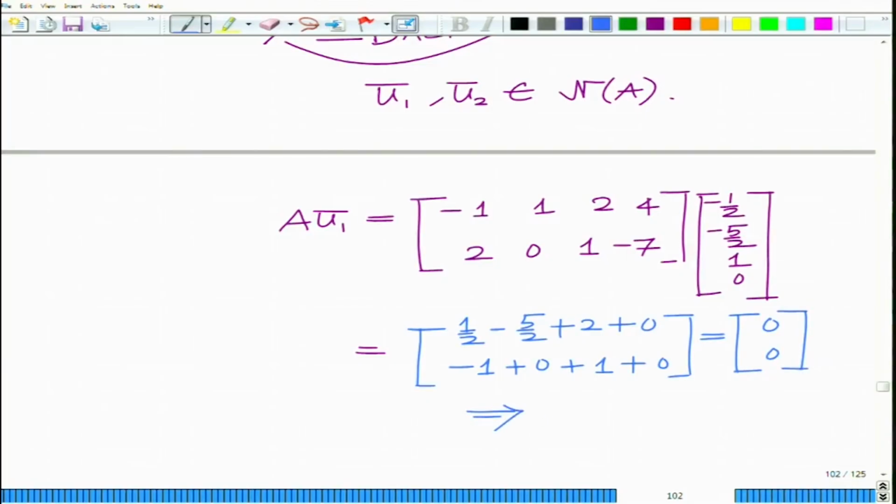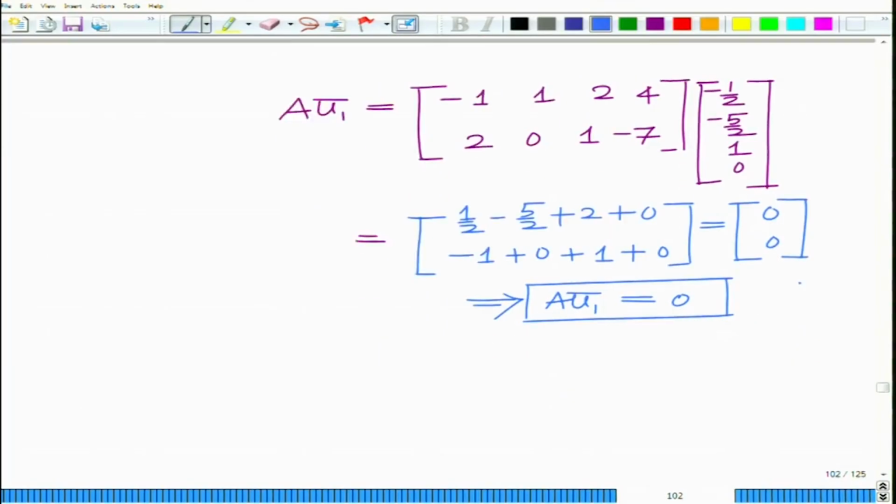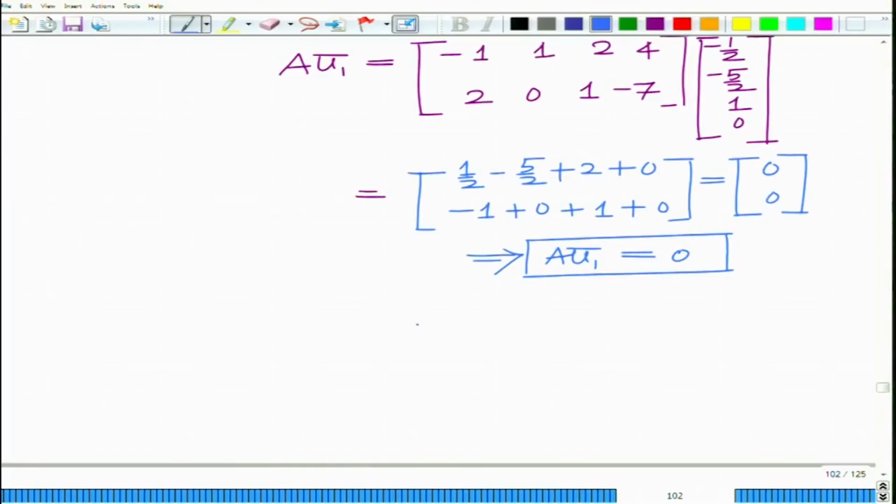So, this implies A u1 bar equals 0. They form the basis, so naturally u1 bar and u2 bar themselves lie in that space. Similarly, A u2 bar equals 0. You can check that. A u2 bar is also 0.